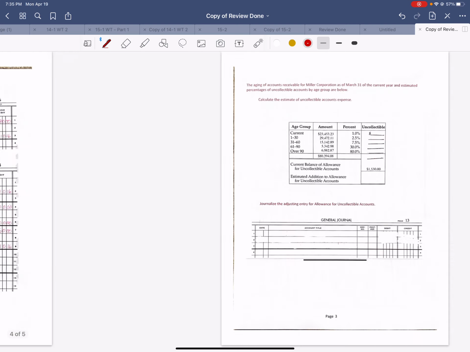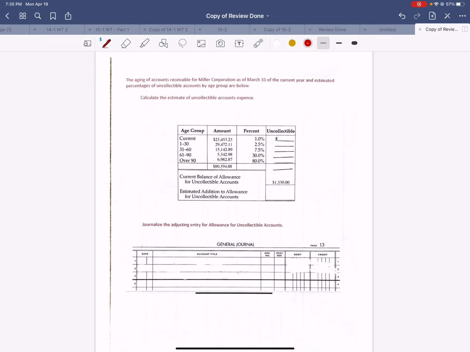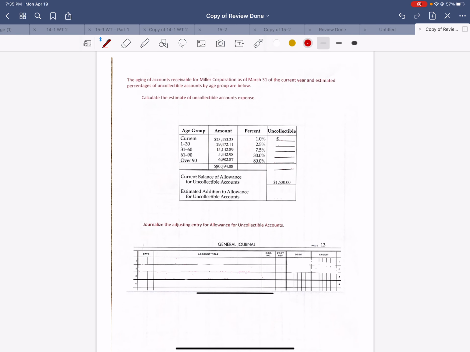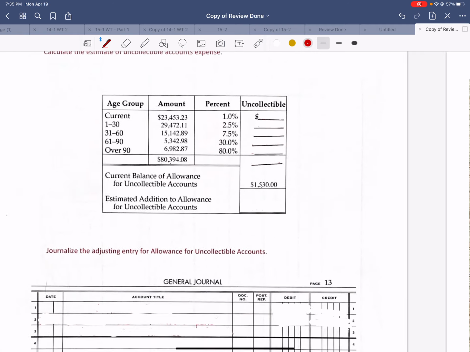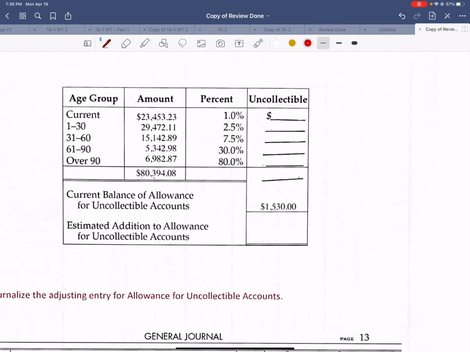All right, we're going to go to the next page. It says the aging of accounts receivable is listed below by age categories. And what you're going to do is figure out the amount that's uncollectible and then record the adjusting entry. So to start with, we're going to take our amount times the percent to get to the uncollectible account.